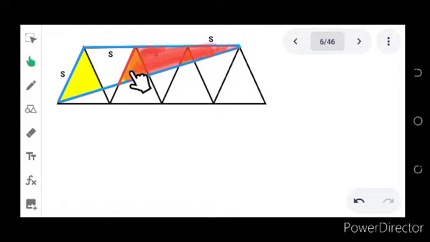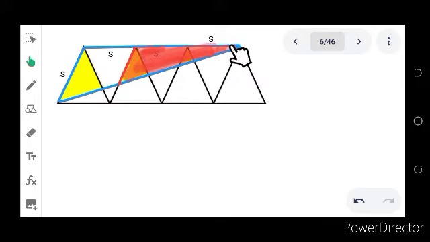We establish now a similarity ratio. In similar triangles, the corresponding sides are proportional. So this side here has to be proportional to the side it corresponds to, so the ratio will be this over S. Another pair of corresponding sides is this one and this entire segment.